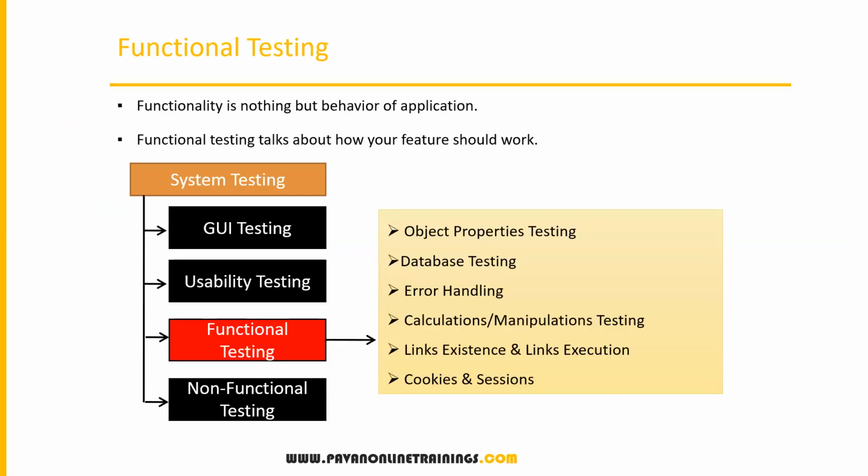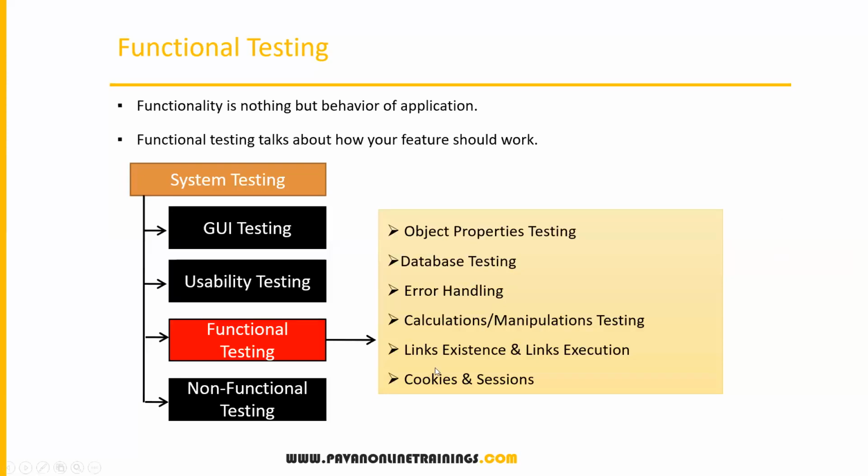But here, first of all, we verify link existence, whether the links are placed or not. And if the links are placed, then whether they are working fine, executing, and providing the next page when clicked. That we verify as part of this testing.